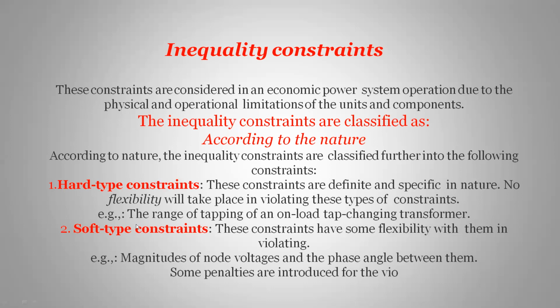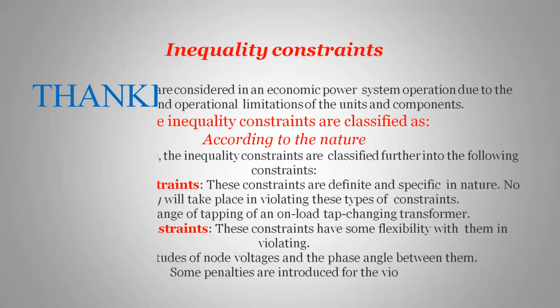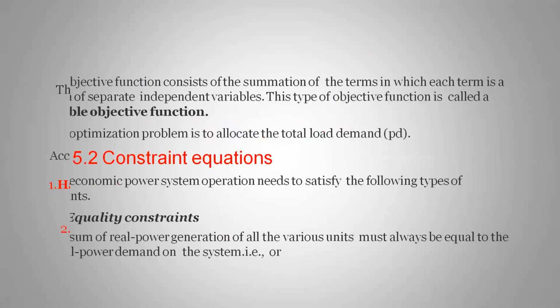Hard type means the range of tapping of on-load tap changing transformers. Soft type constraints means the magnitudes of the node voltages and the phase angles between them. Some penalties are introduced for violating them. Okay, so this is the optimization techniques.